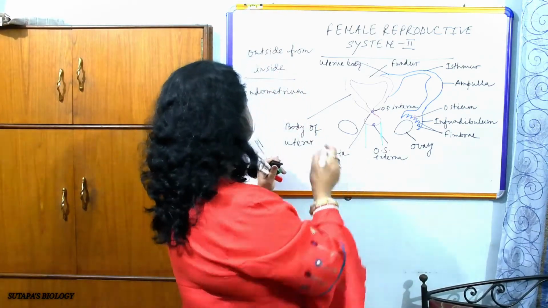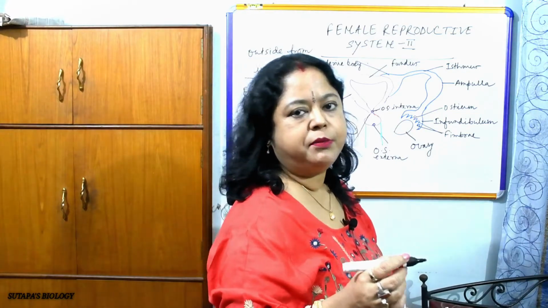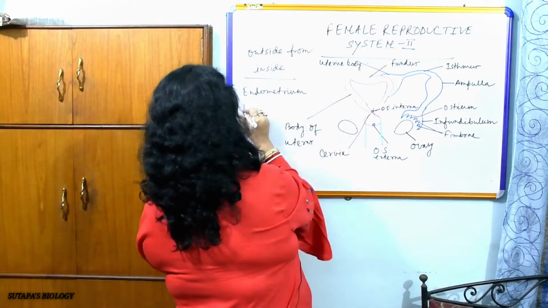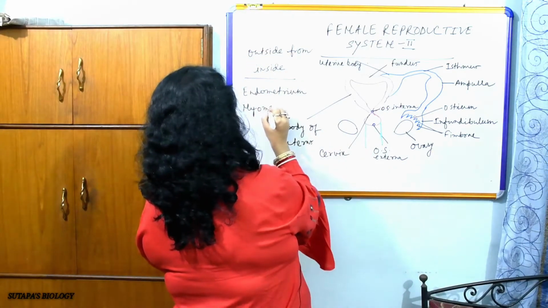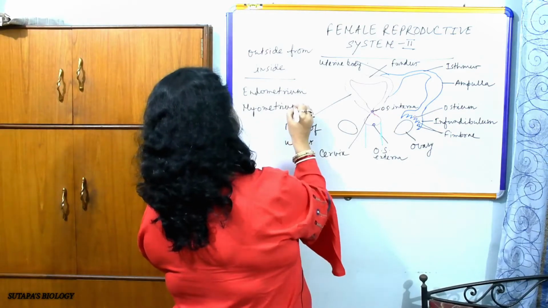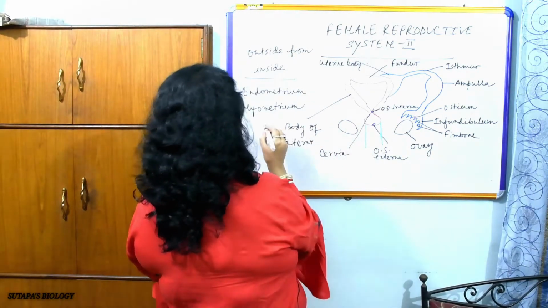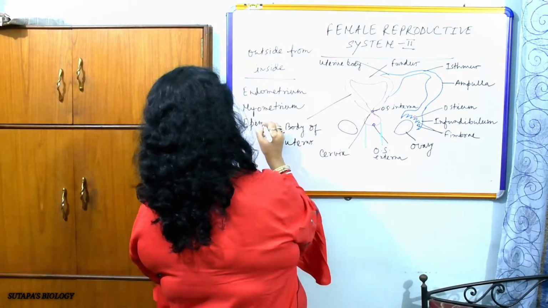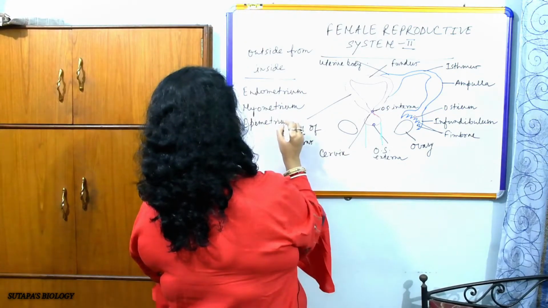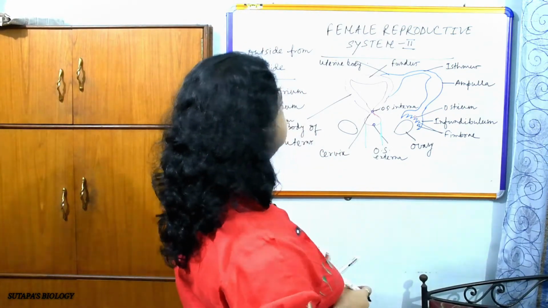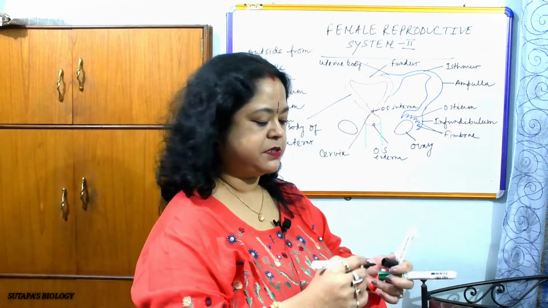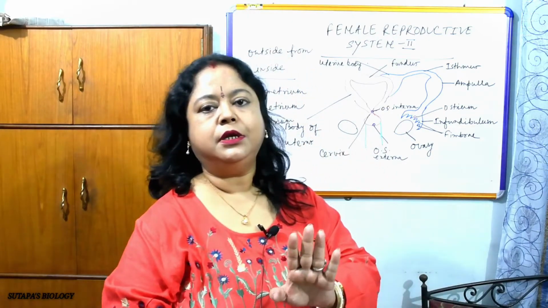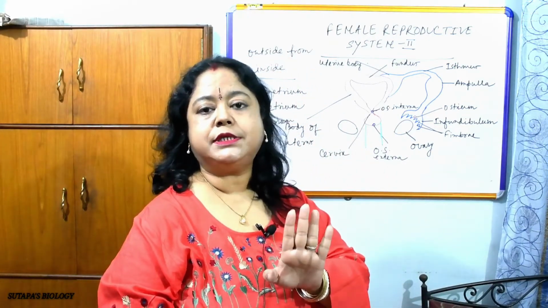Next is the myometrium, which is a muscle-rich layer. And number 3 is the perimetrium. It's a tough fibrous layer which protects the uterus. So the endometrium of the uterus is very important for the implantation as well as the menstrual cycle of the female.